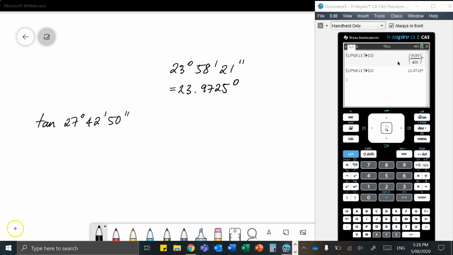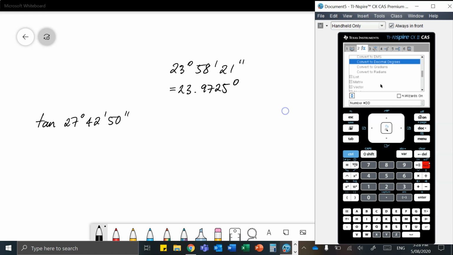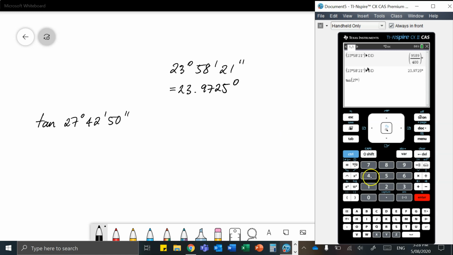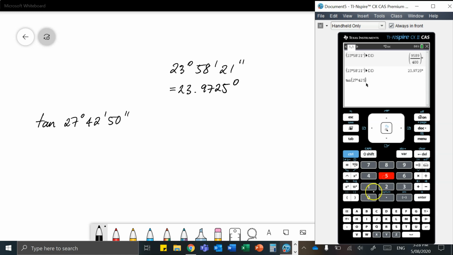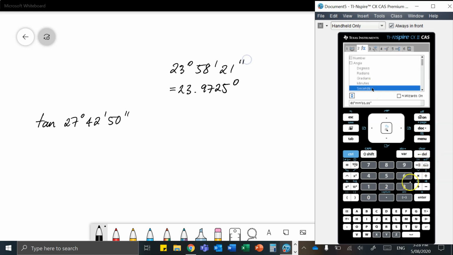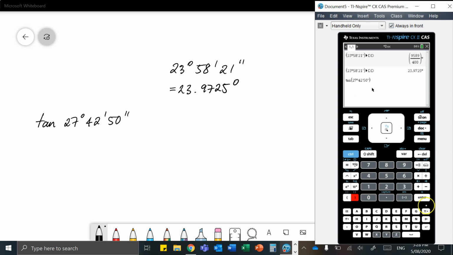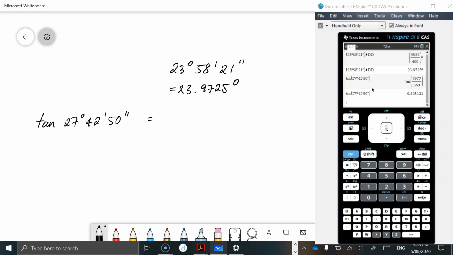We'll put this in our calculator: tan of 27 degrees, 42 minutes, and then 50 seconds, close brackets, hit enter, approximate it. So we've got 0.525321 as your value.